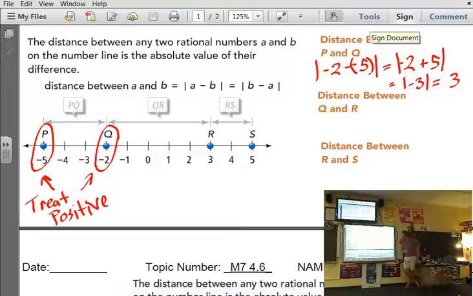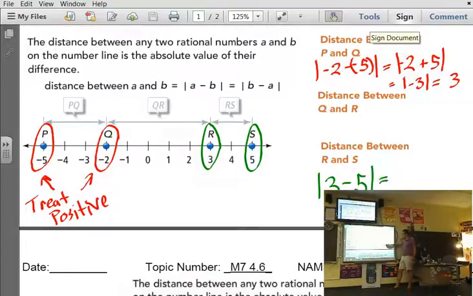Normally it would. And then the same thing happens if they're both positive. Well, if they're both positive, treat them like they're both positive, because they are. And the distance between 5 and 3, if I do 3 minus 5, I get -2, but it's the absolute value, so it still becomes 2.